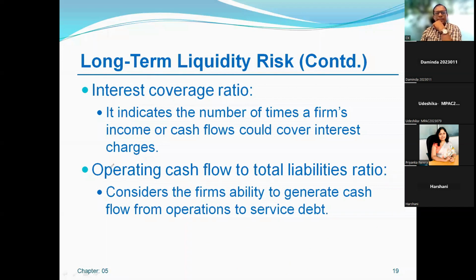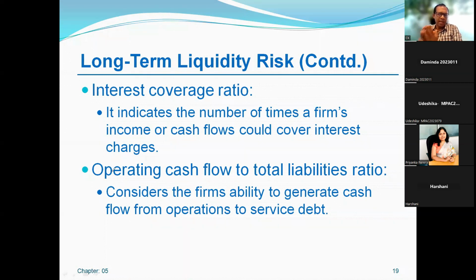So earlier, the first part was about the profit versus interest cost. The second part is about operating cash flow versus liabilities, and operating cash flow to total liability. Whether your cash flow is sufficient.